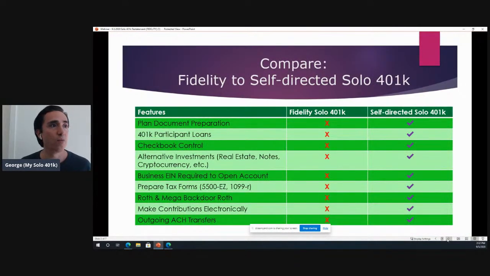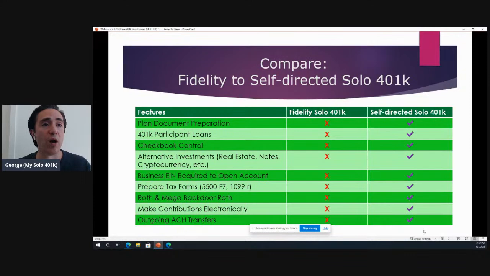So this chart right here is a great chart. It shows the differences between a solo 401k at Fidelity and a self-directed solo 401k, like with our company, My Solo 401k Financial. So number one, in terms of the features, plan document preparation. With the Fidelity solo 401k, you need to prepare the documents yourself, like the adoption agreement, etc. Whereas, of course, with our plan, we prepare the documents.